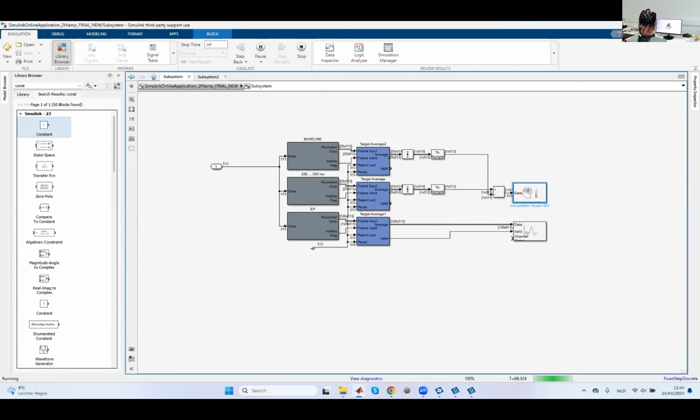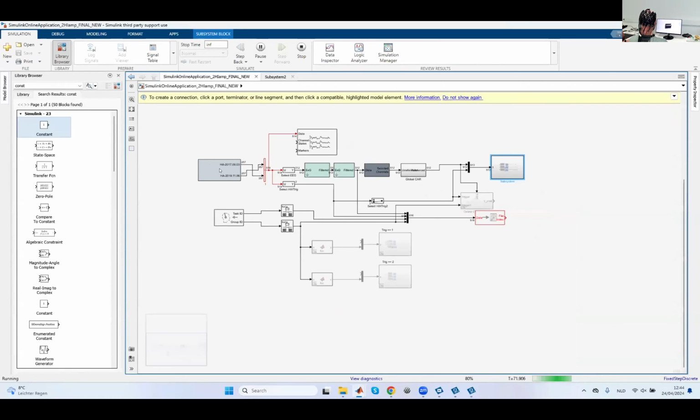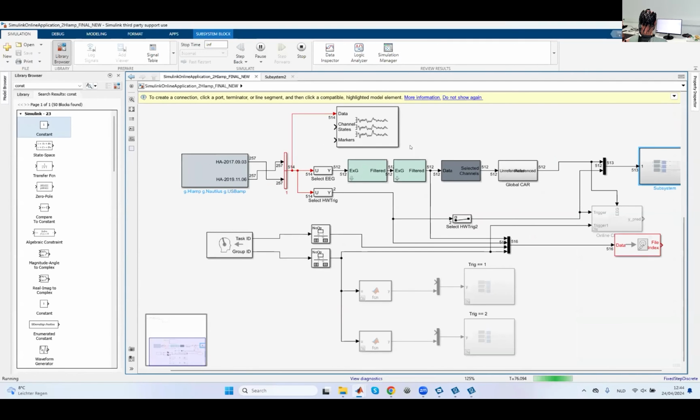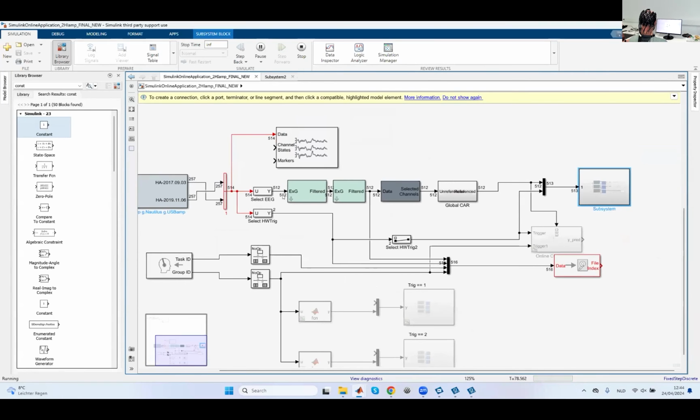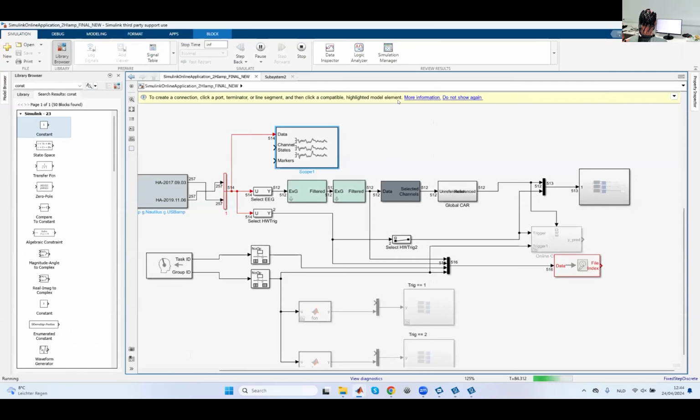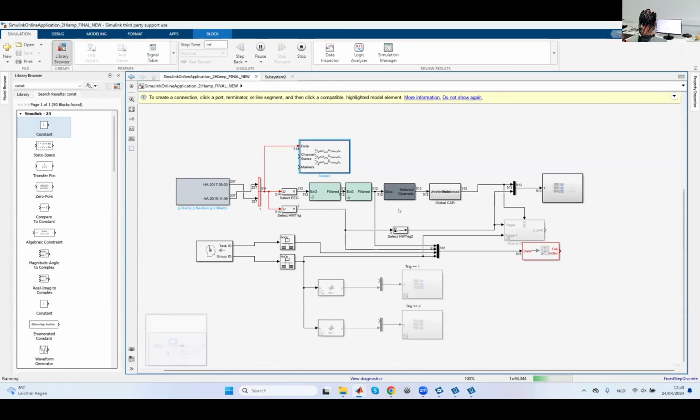So what we do is we take these two g.tec amplifiers and use all of the channels and filter them. Basically, I can also show you here the unfiltered channels. I will show you the filtered channels when I start the experiment again, and we filter them, select the bad channels, and then we do a global CAR.